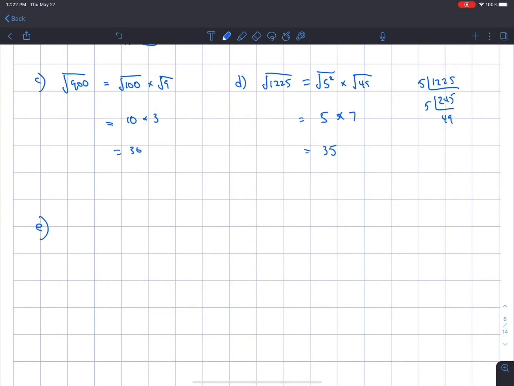E, square root of 1764 equals. 1764 divided by 2. We get 882, divided by 2, we get 441. I can divide this by 3, we get 147. Divide this by 3 again, we get 49.